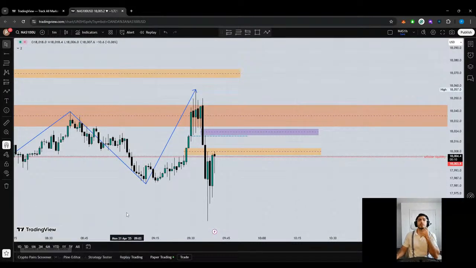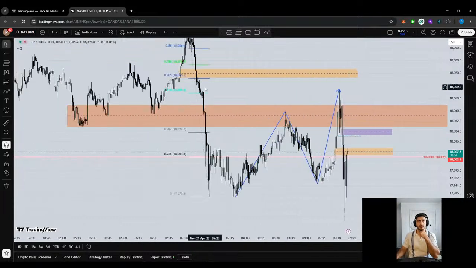And now this became an inversion because this candle passed straight through and we'll use it as resistance. The only reason why I didn't short it in this inversion is because these candles seem a bit too strong to my liking. I would like to see this get tapped into the first presented fair value gap.